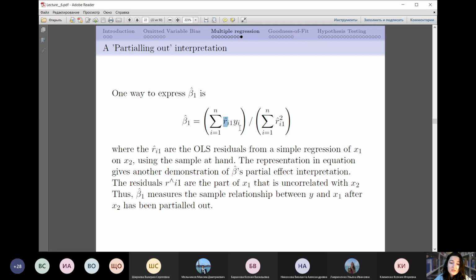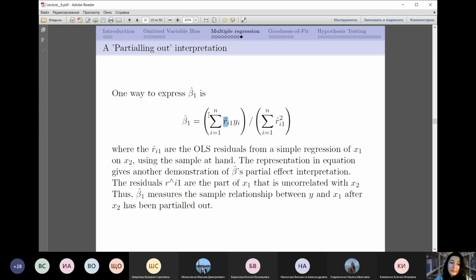You can note that the residuals have a zero sample average, and so beta-1 is our usual slope estimate from the simple regression. So the residuals are the part of x1 that is uncorrelated with x2, because residuals present us this part of x1 uncorrelated with x2 after the effect of x2 has been partialled out.